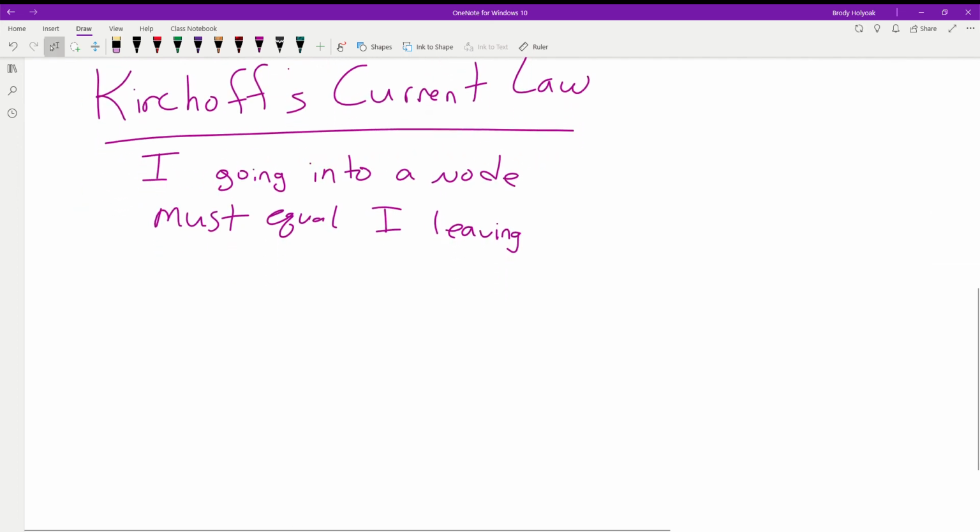So Kirchhoff's current law: current going into a node must equal current leaving. I apologize for just writing in symbols. It's faster. My handwriting is terrible. And this way at least we can understand. There, I like that a little bit better.